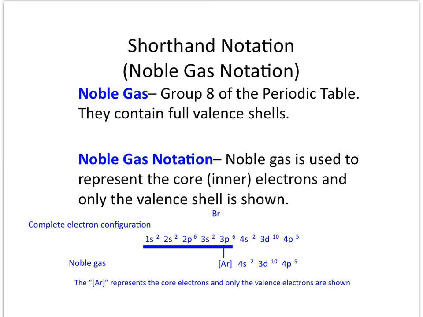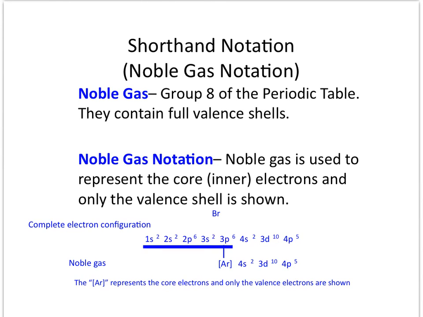Another way that we can explain where the electrons are within the atom is a simpler method called shorthand notation, or sometimes nicknamed noble gas notation. The noble gas elements are the group 8A elements on the periodic table. They contain helium, neon, krypton, argon, xenon, and radon.